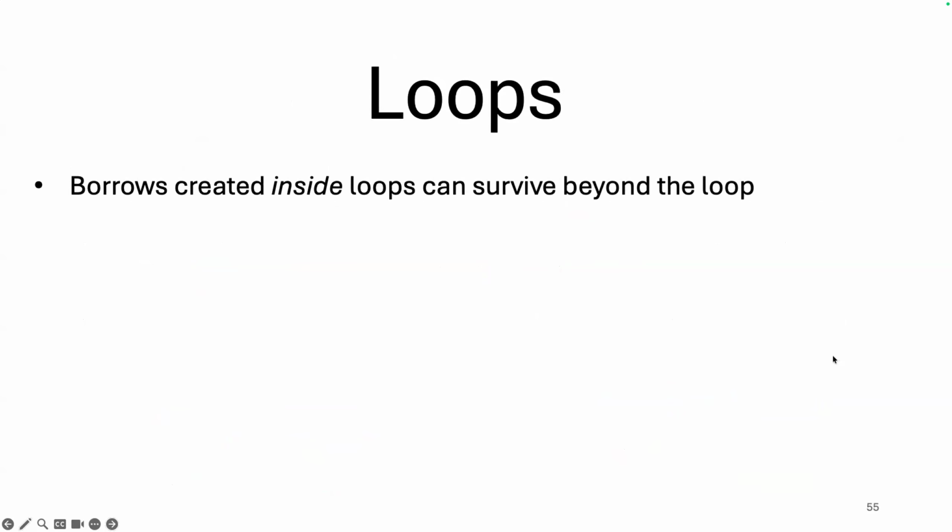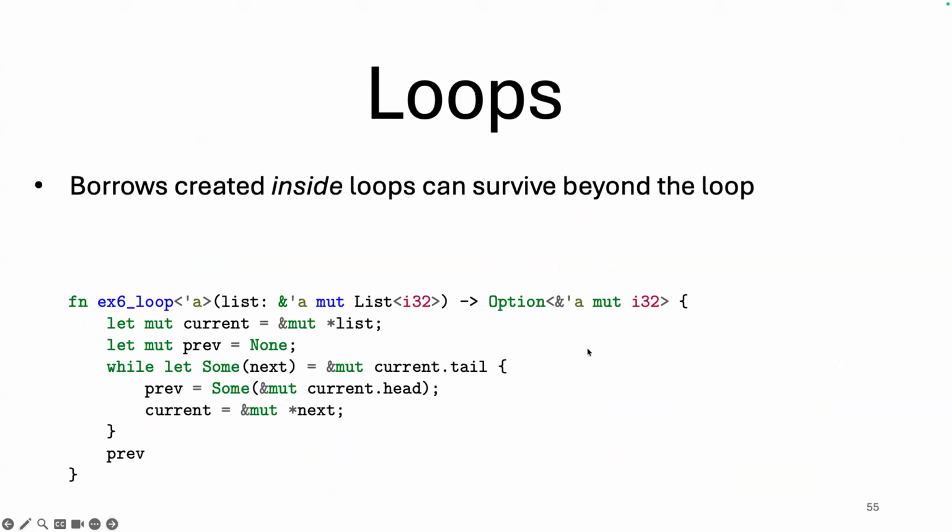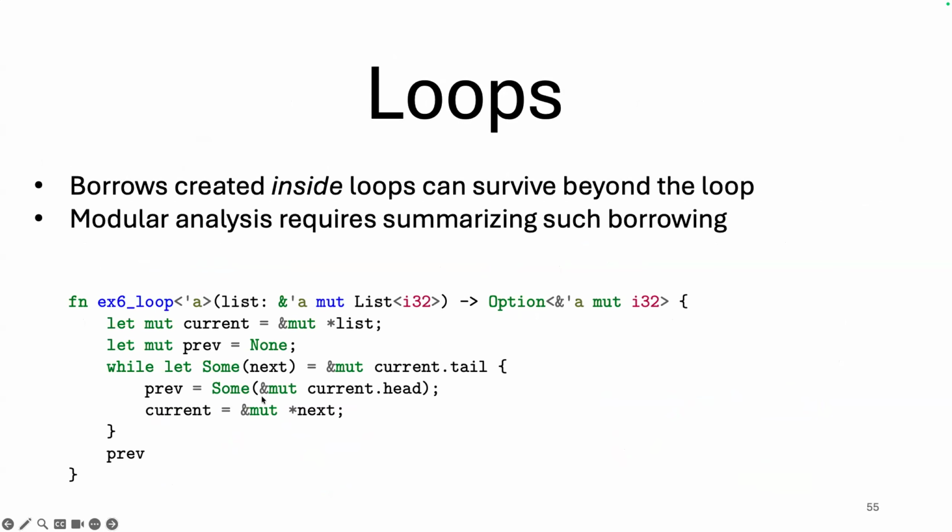And we have a similar situation with loops. Again, you can have these borrows created inside the loop that survive beyond them. So this function will return a reference to the last element of a loop. And to summarize such borrowing, we need to get a shape for this. So we need some shape that's going to work for the entry point of the loop, and that can also, regardless of how many iterations, be applicable at the end.